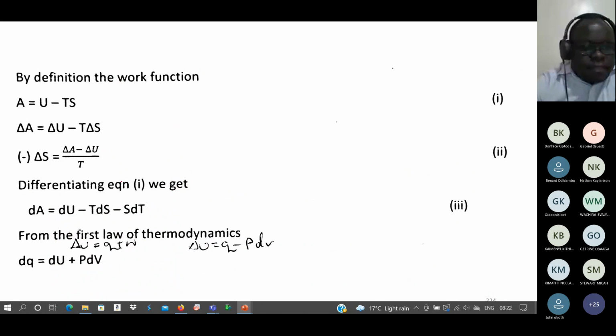Now, by definition, we know this is the definition for the work function. So from this, delta A equals delta U minus T delta S.